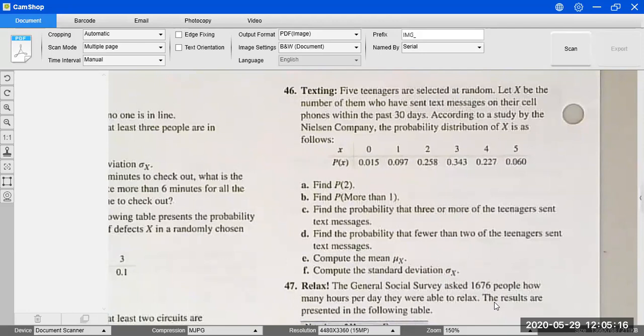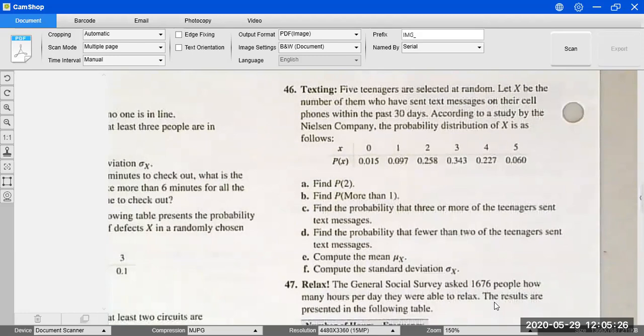And then part E, you're going to compute the mean. Part F, you're going to compute the standard deviation, which is what we did in the last two examples.